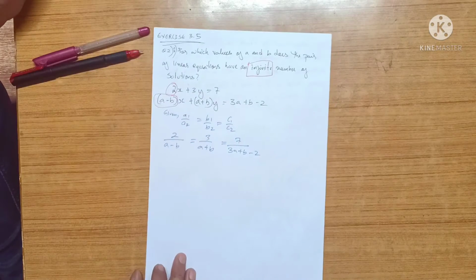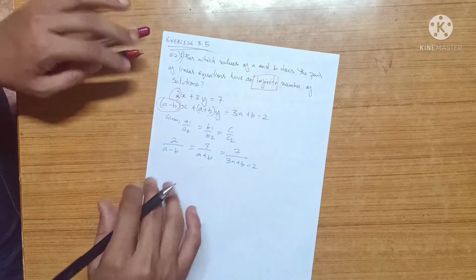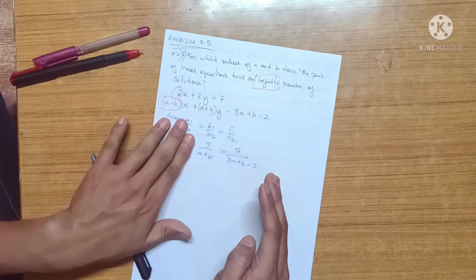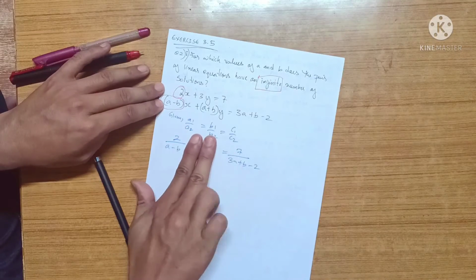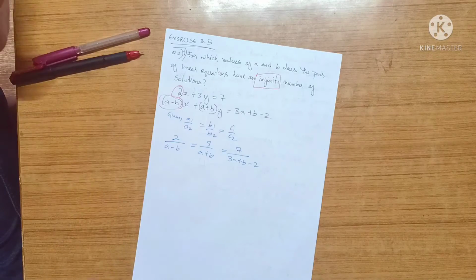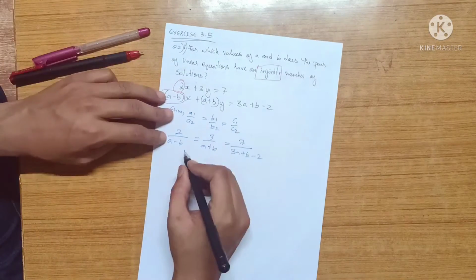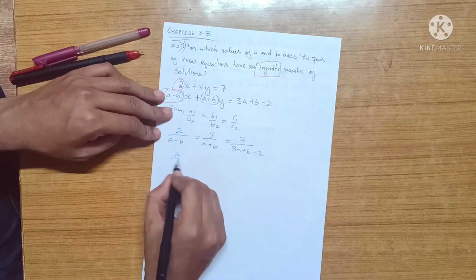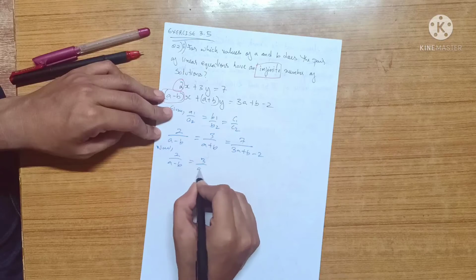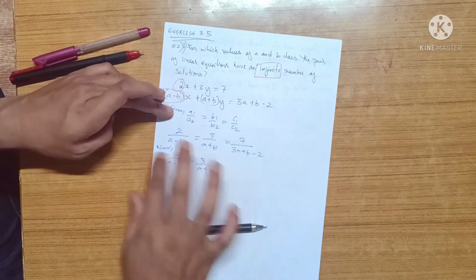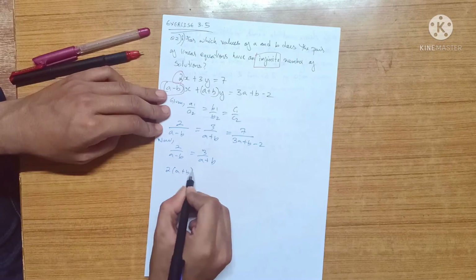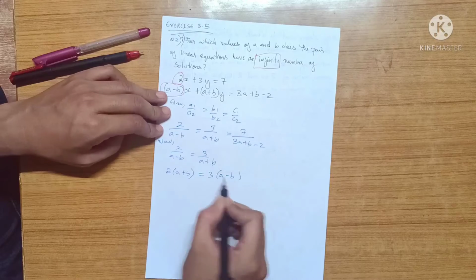Now this literally means that everything is equal. So this is equal to this, this is equal to this, and you could even say this is equal to this. So you can literally take any two of them. I'm going to take this one and this one for the time being, because like I told you, everything is equal. If I cross multiply, it will become something like this, because this will go up.